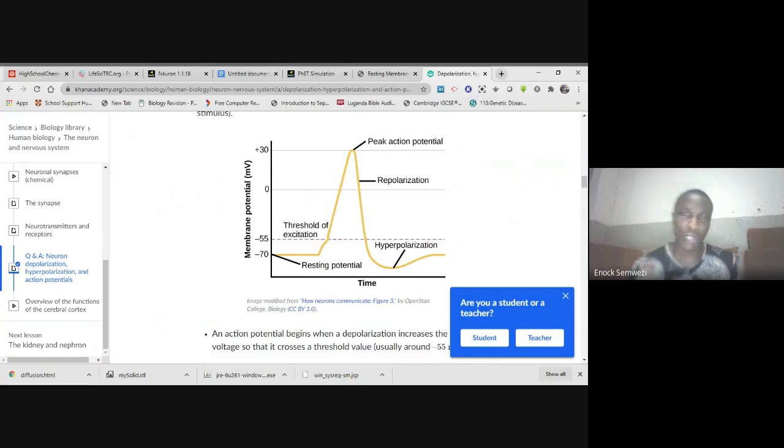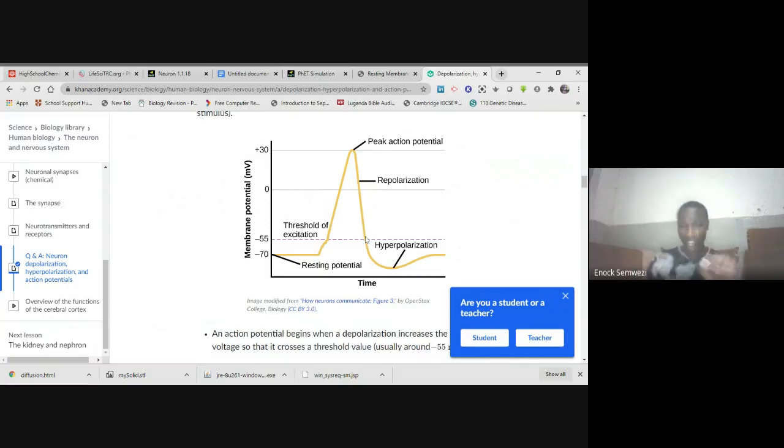However, when we start moving downwards, that's when the potassium gated channels are now open and allow more of the potassium ions to diffuse out. Hence, repolarization up to this point.